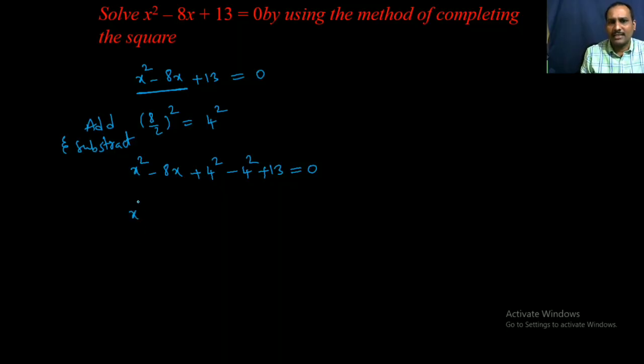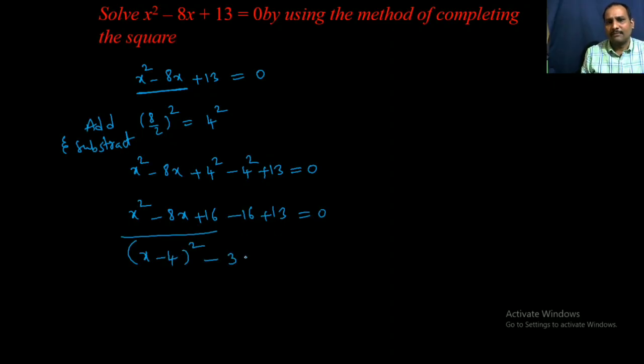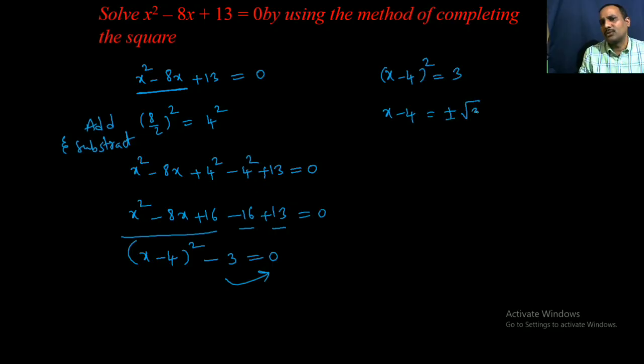So that is x square minus 8x plus 16 minus 16 plus 13 equal to 0. So this part will become x minus 4 whole square minus 3 equal to 0. Minus 16 plus 13 is minus 3. Now x minus 4 whole square is equal to 3. Now x minus 4 is equal to plus or minus root 3.